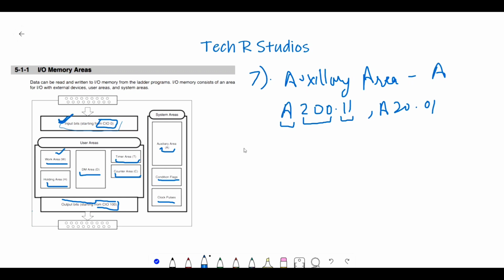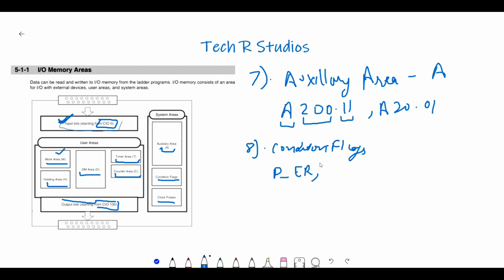Next area is condition flags. These are written like P_ER for the error flag.